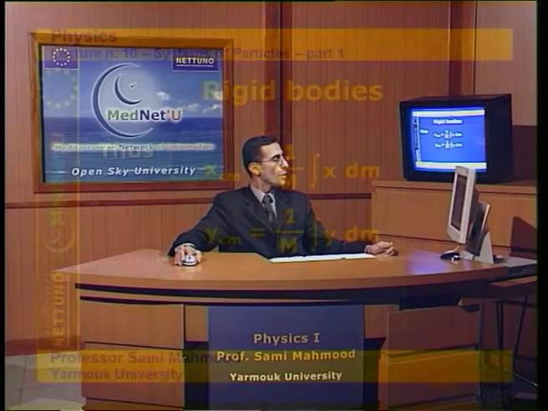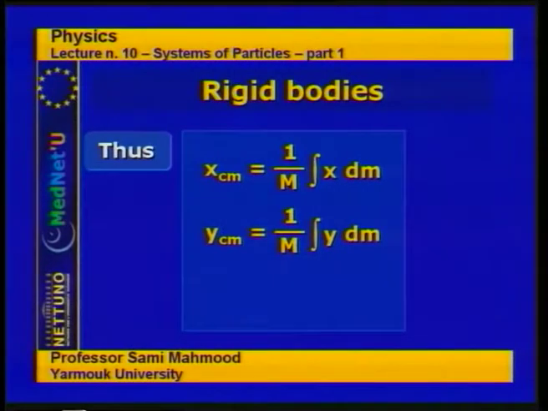Similarly, y center of mass is the y component of the center of mass for the rigid body, and it's given in exactly a similar fashion to the previous discussion: 1 over the total mass of the body times the integral of y dm, where y is the y component of the position of that particular point that we are considering in the object, and dm is the mass, as we said, around it.